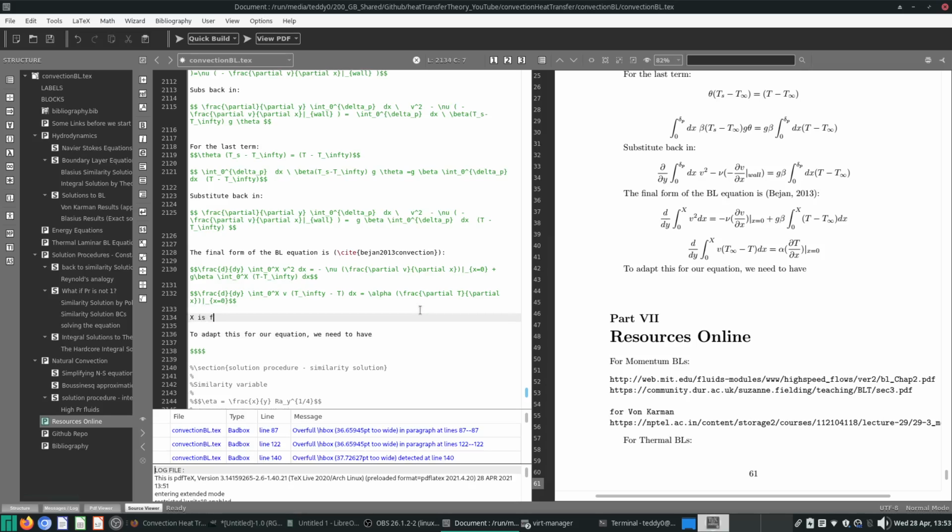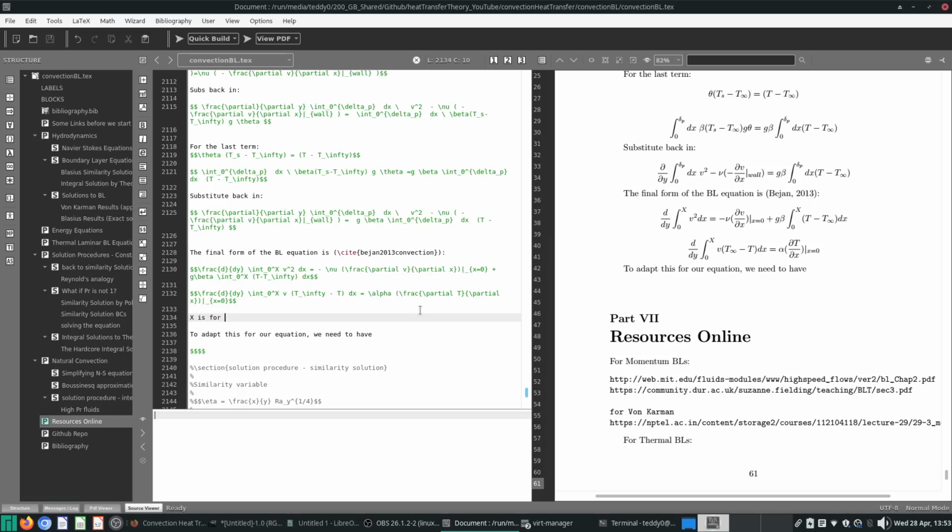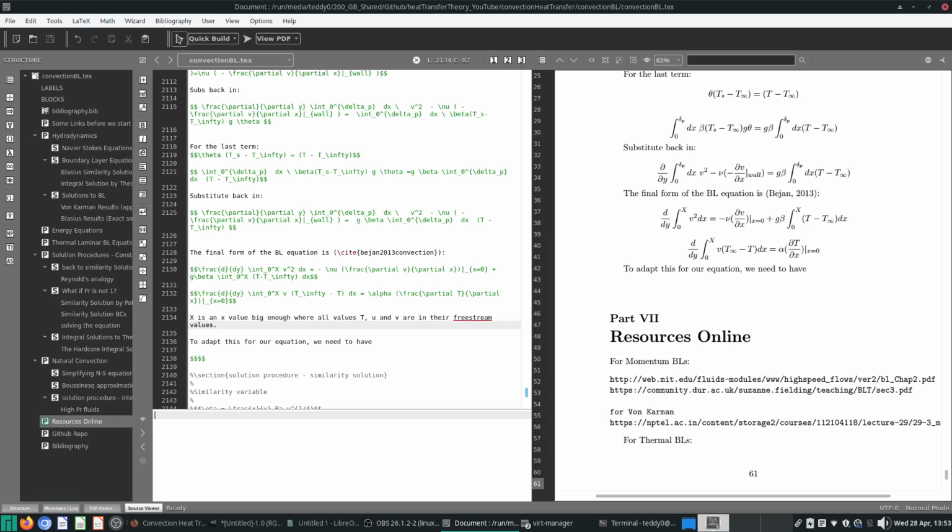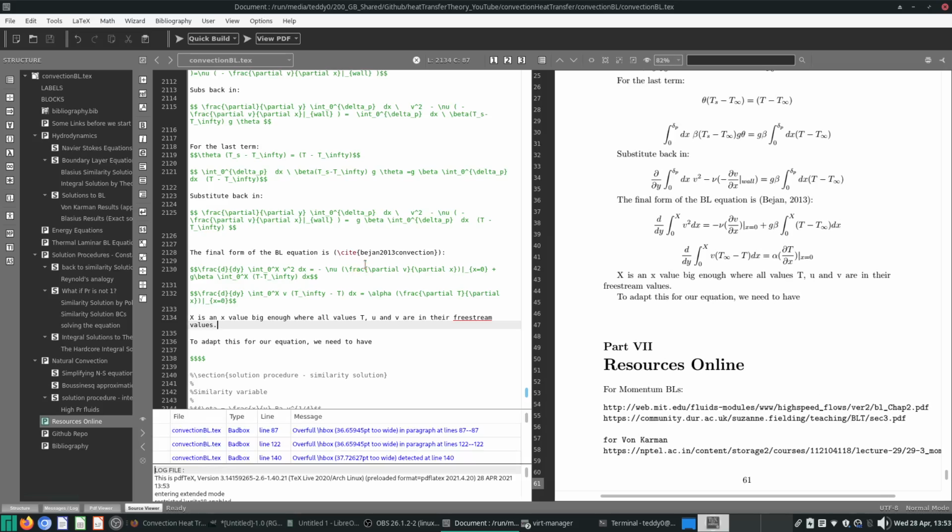So X is for a value big enough where all values, T, u and v, are at their free stream values. So you integrate across the whole boundary layer, not just the thermal one but the momentum one as well, whichever is bigger.